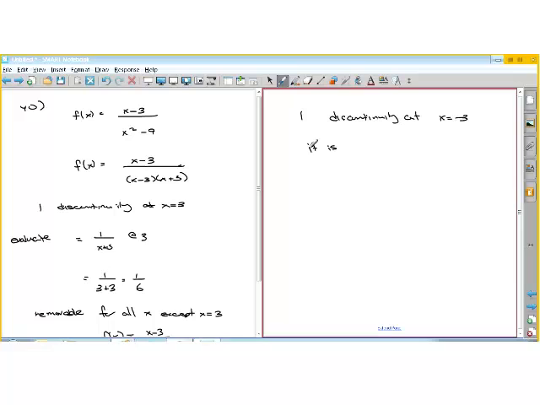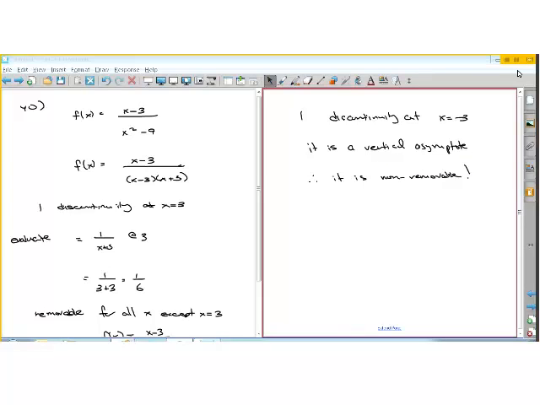And so we have a discontinuity here. It is a vertical asymptote. Therefore, it is non-removable. And that's it.